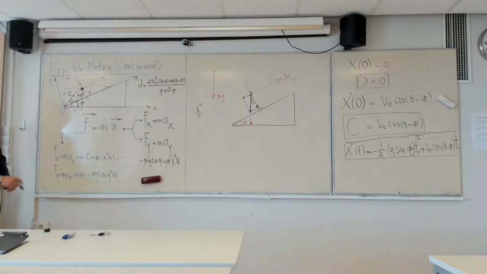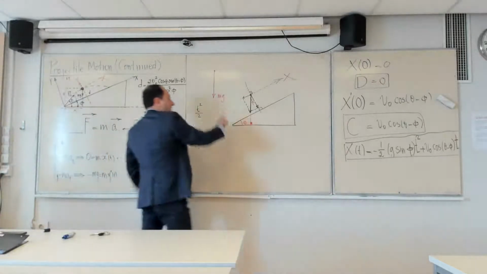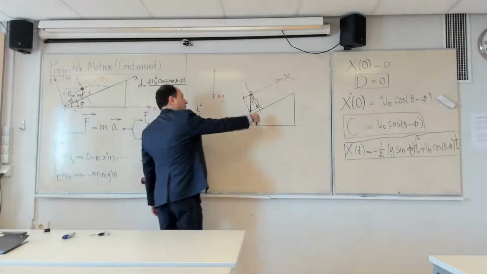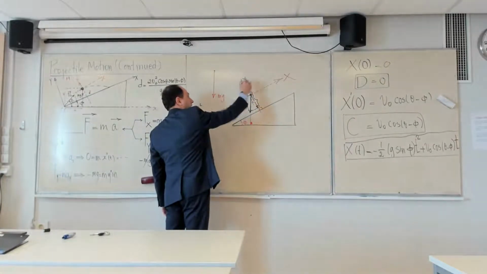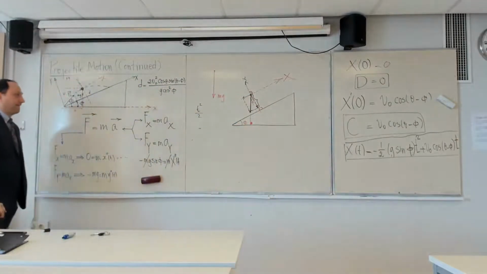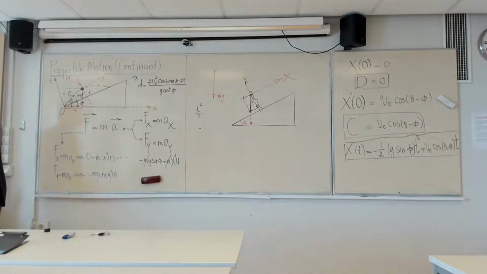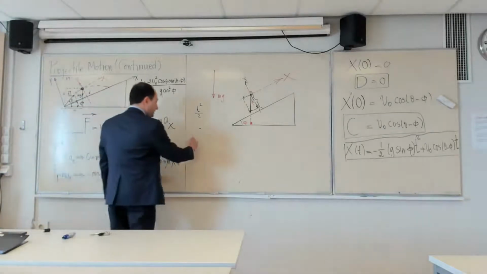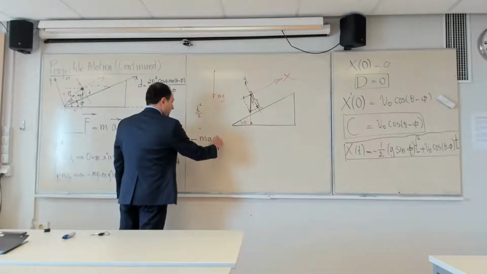What do I need? I need the y coordinate. This is what I need, yes? It is in the y direction, capital Y direction. So what is this one? Yes? Negative mg cosine phi. So instead of Fy, I put negative mg cosine phi.